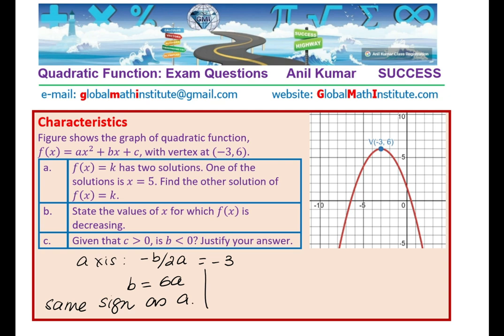Now we know that a is less than 0, therefore b is also less than 0, correct? So that is how you are going to justify it. Is b less than 0? This is what you have to justify. So it is true. Yes, b is less than 0.